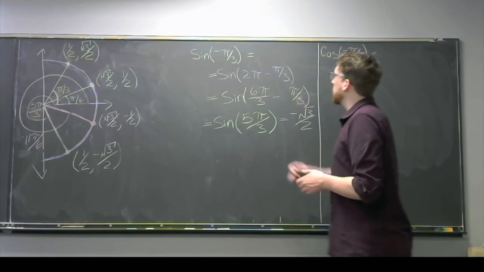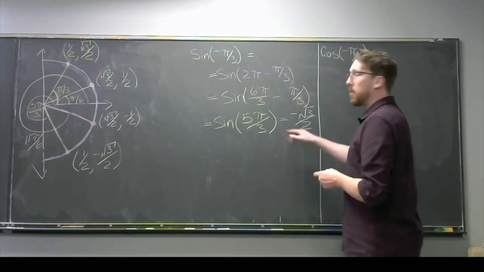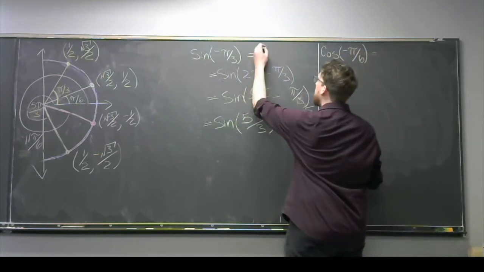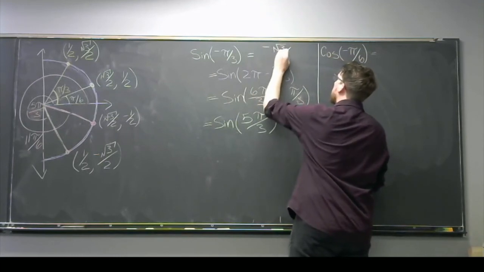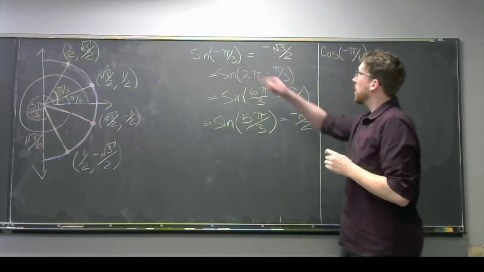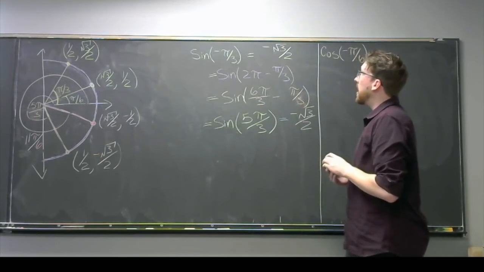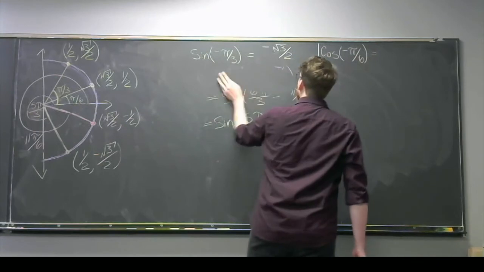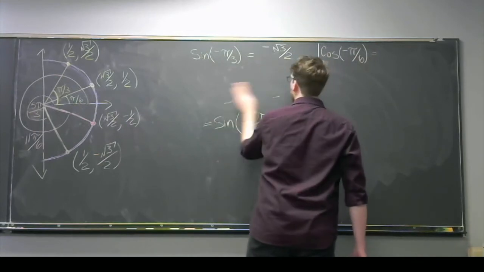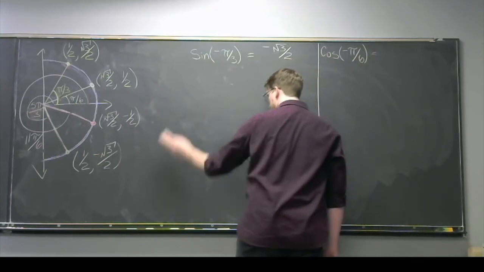So that means, I'm going to erase all of this really quick. So that means the sine of negative pi over 3 is going to be equal to the negative sine of pi over 3.